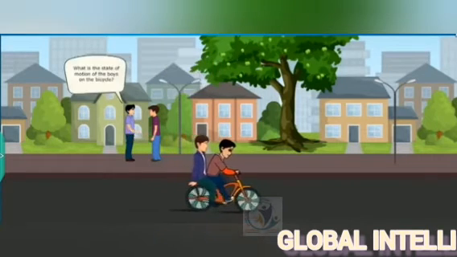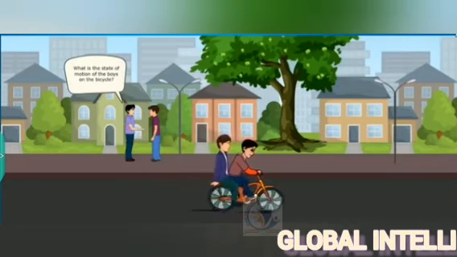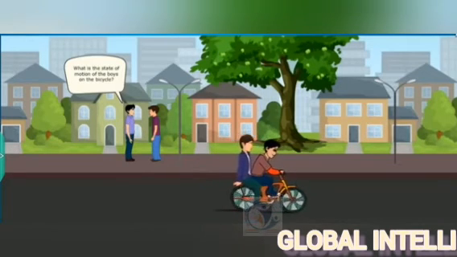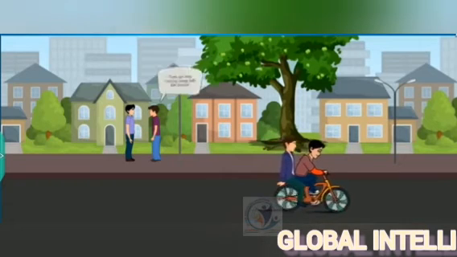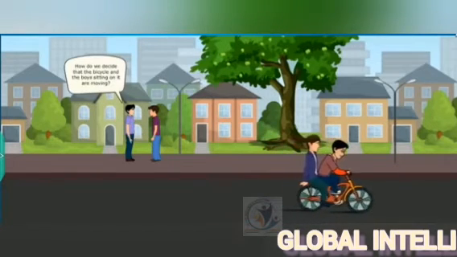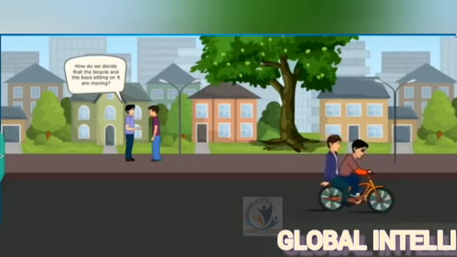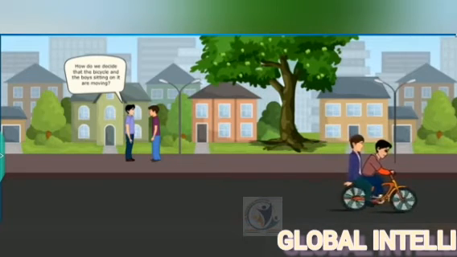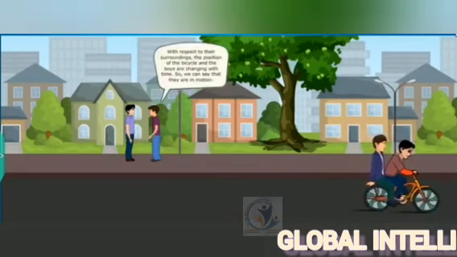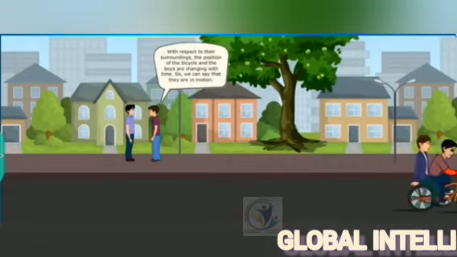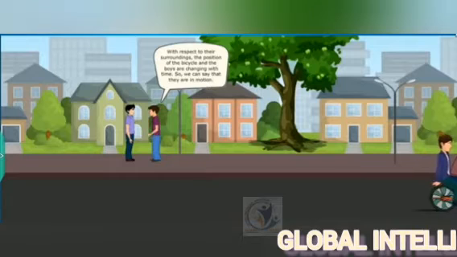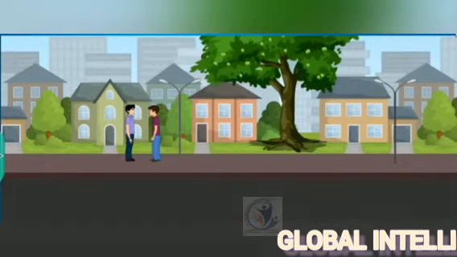What is the state of motion of the boys on the bicycle? They are also moving along with the bicycle. How do we decide that the bicycle and the boys sitting on it are moving? With respect to their surroundings, the position of the bicycle and the boys are changing with time. So, we can say that they are in motion.